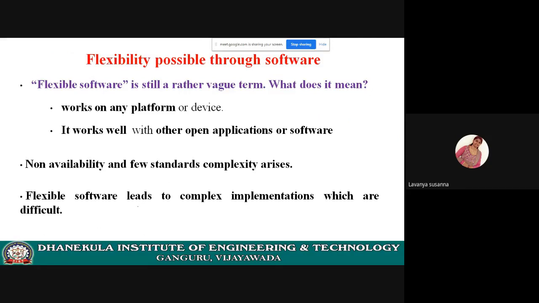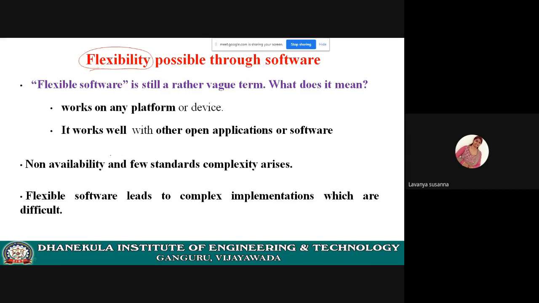Two elements are completed. The next element, where the complexity of software comes from, is flexibility. Flexible software. What is flexible software? If software runs on any platform or any device which comes in future, or on any software application, then it is called flexible software.